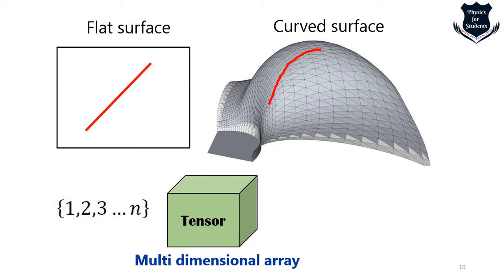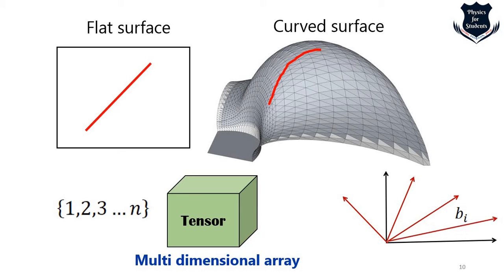Now what I call basis, this is a multi-dimensional array. You can look into basis, more details in my videos on tensor. So this is a basis, say for example b i, and this basis changes in this way, sometimes in this way, and sometimes in this way, right? So when the basis is changing, the tensor is also changing, right?